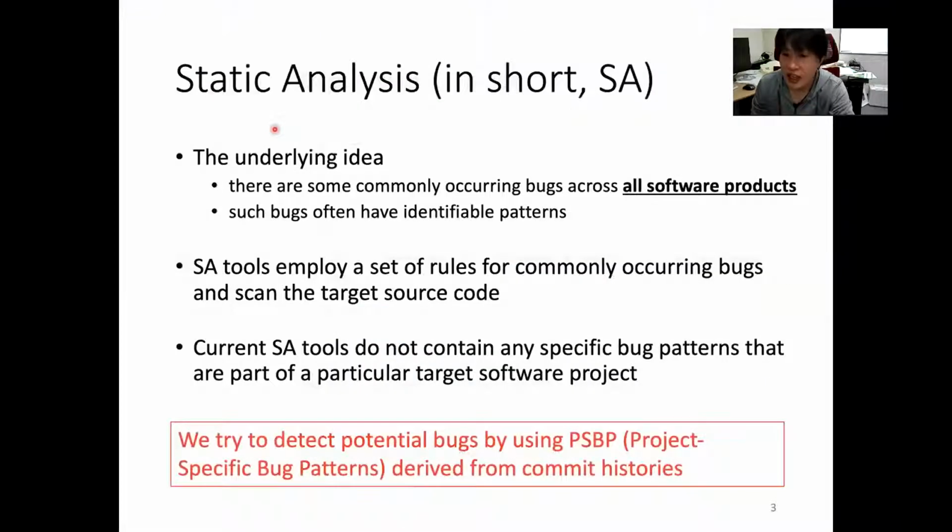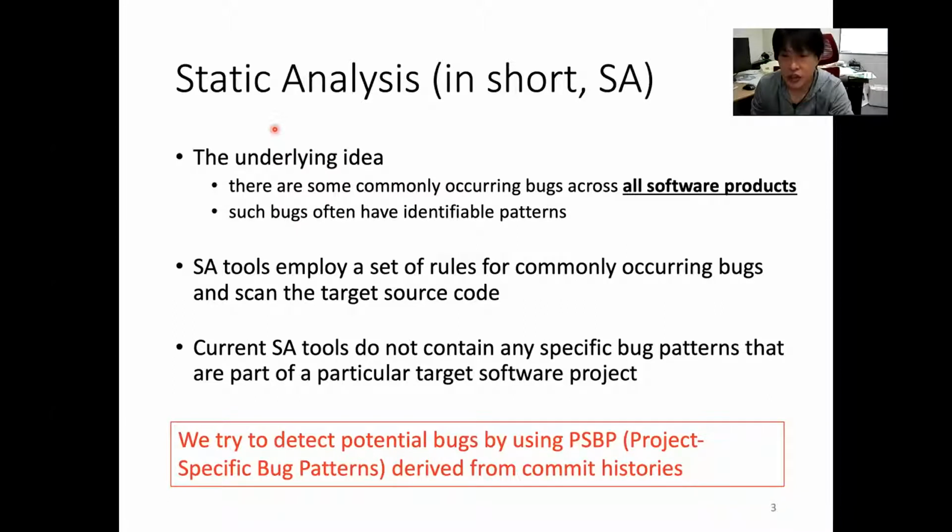The underlying idea of static analysis is that there are some commonly occurring bugs across all software products, and such bugs often have identifiable patterns. Therefore, static analysis tools employ a set of rules for commonly occurring bugs and scan the target source code.